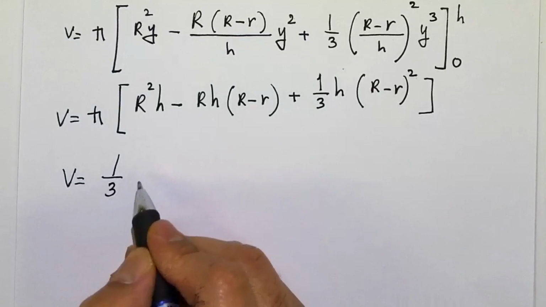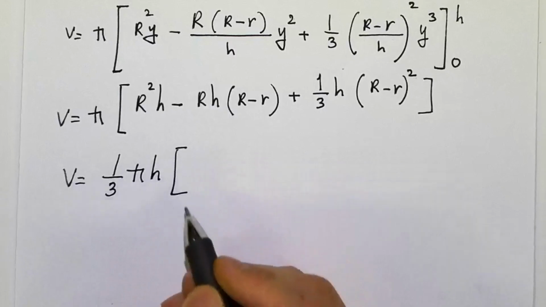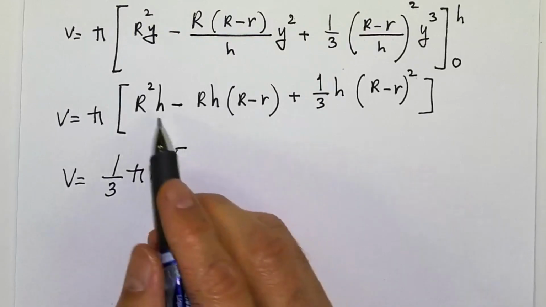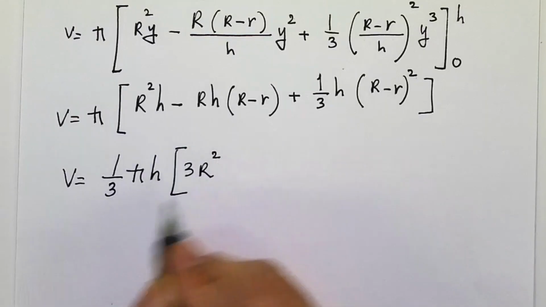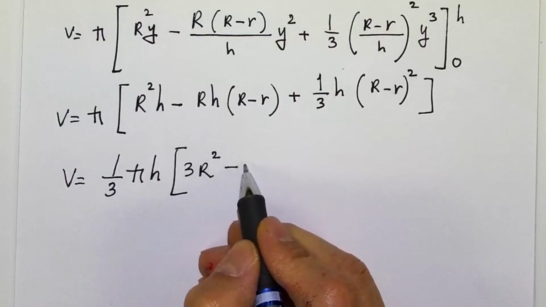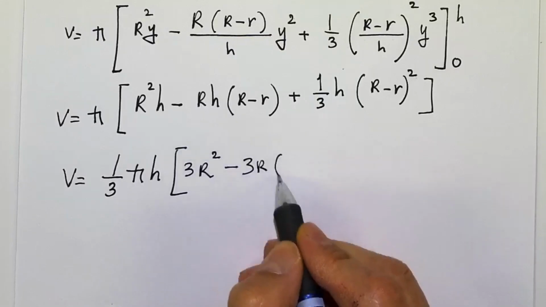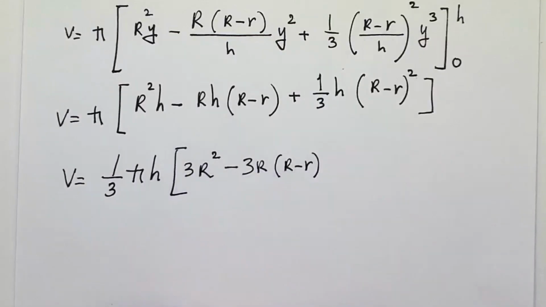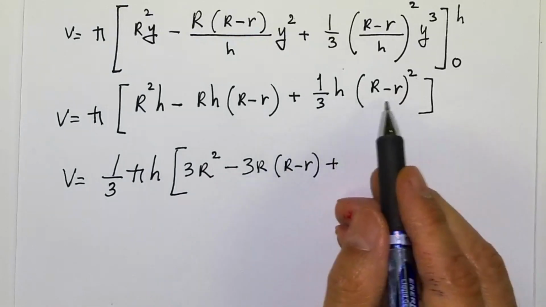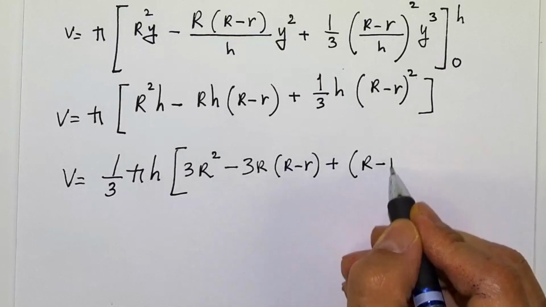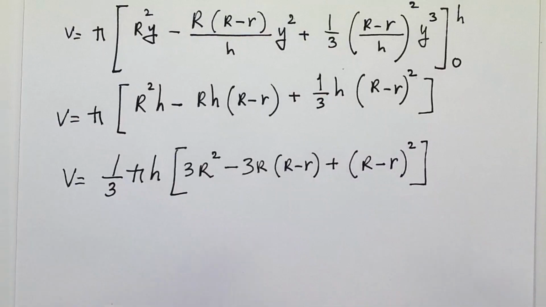So we have 1/3 and h of course, and then pi h times all of those quantities. So we have 3r squared minus, again, 3r times capital R minus lowercase r, plus, then we have just r times capital R minus lowercase r squared. Okay, like that.